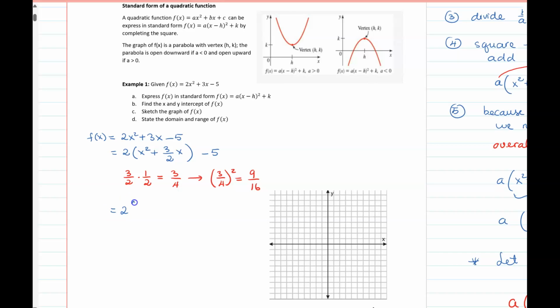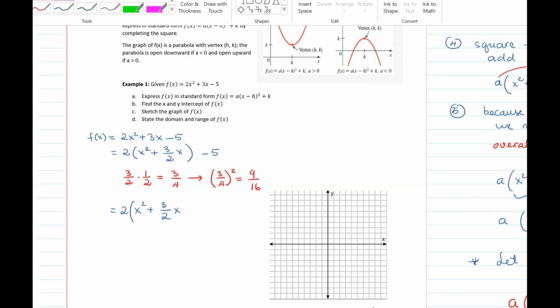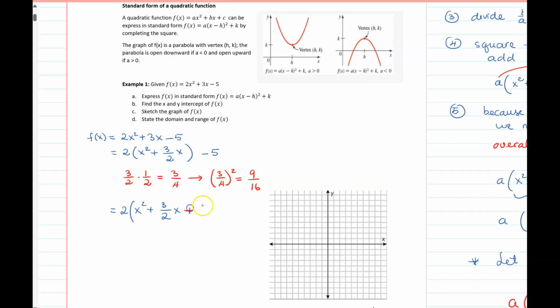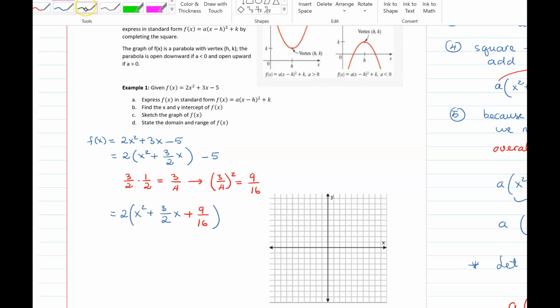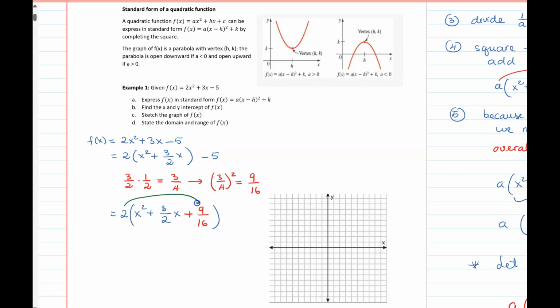So then 2 times x squared plus 3 over 2 x plus 9 over 16. So because I have a 2 here, when 2 distributes over, it really means we add 9 over 8.